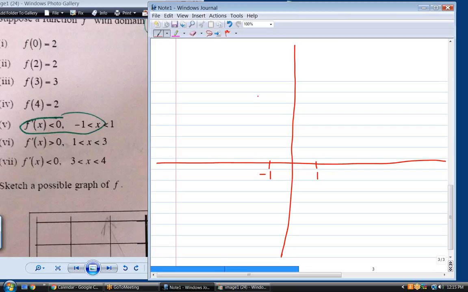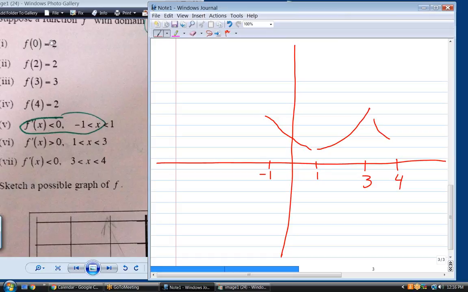It's decreasing, so we'll put something like that. It's definitely decreasing. From 1 to 3, it's got to be increasing. So we'll do that. From 3 to 4, got to be decreasing. So we'll do that. And that covers those 3 things.